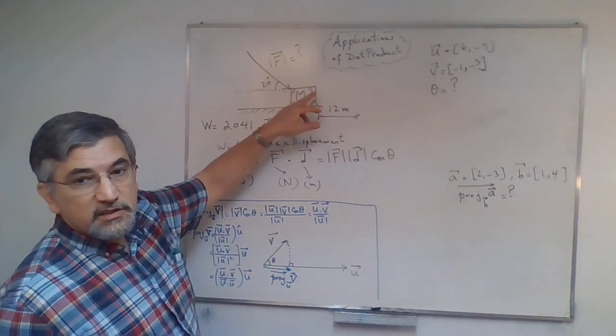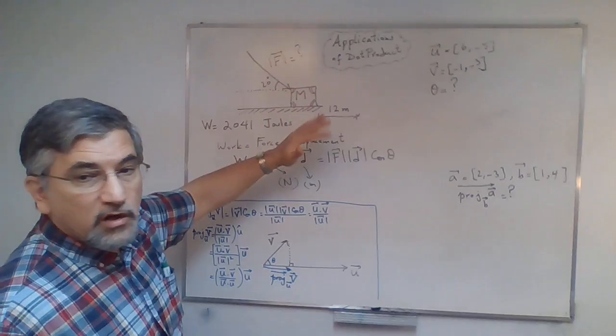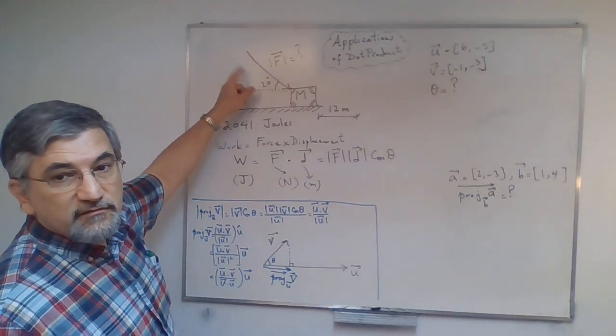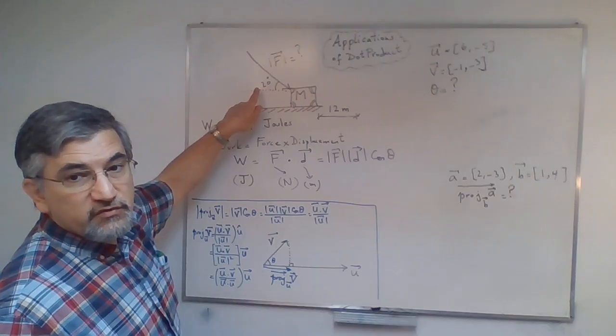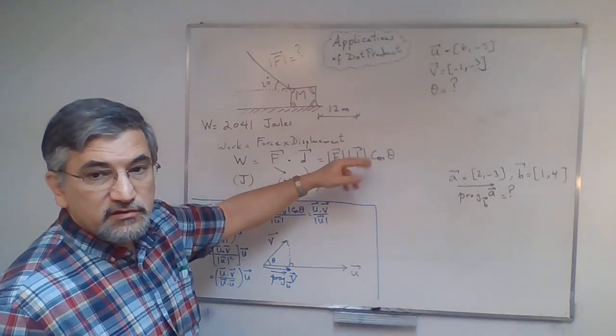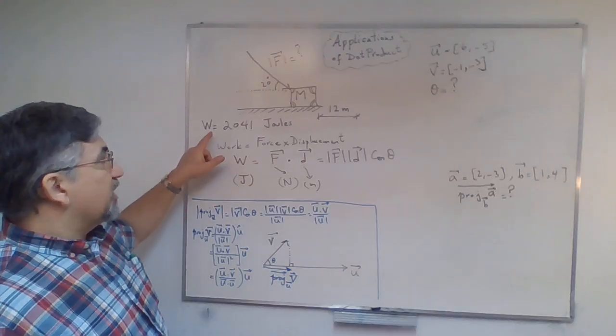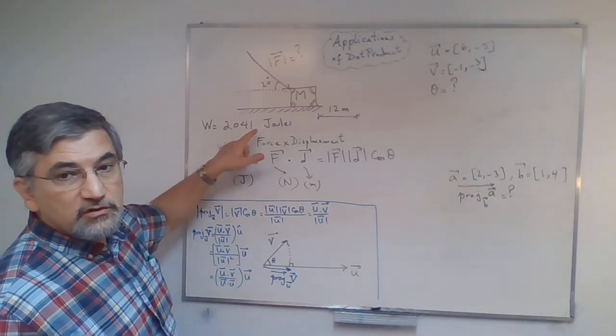We have a box here, and somebody is pushing this box forward with a force that makes an angle with the horizontal. That angle is 20 degrees. We know that the box moves forward 12 meters, okay? And we know that the amount of mechanical work done is 2041 joules.